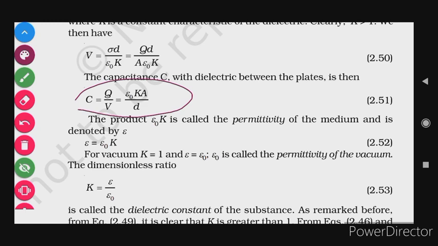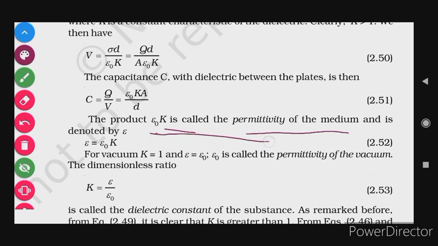If you compare this with the capacitance when there was no dielectric, it was simply epsilon naught A by d, okay. With the introduction of dielectric, the capacitance has increased by k times, and that is the dielectric constant, okay. So the product epsilon naught k is called the permittivity of the medium, okay.